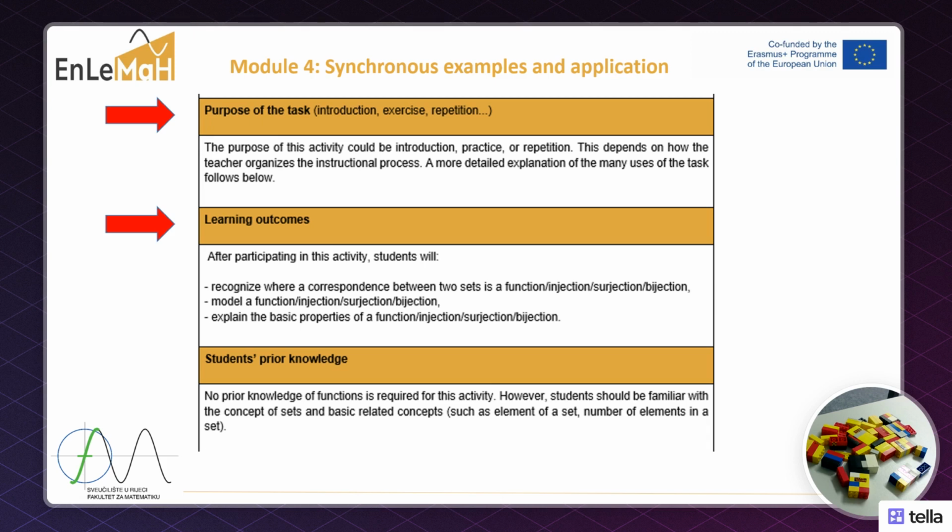They will model and explain the basic properties of a function, injection, surjection, bijection. No prior knowledge of functions is required for this activity. However, students should be familiar with the concept of sets and basic related concepts.